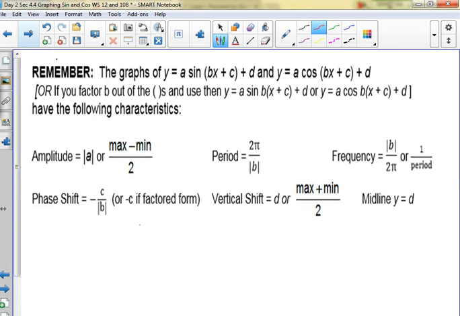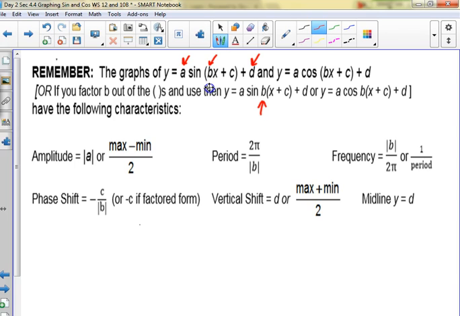All right. So we need to be really comfortable that the A out here is the amplitude, that the B is whatever's multiplied either inside or outside the parentheses. Okay? And the vertical shift is D, which is added or subtracted onto either the front or the back, as long as it's being added or subtracted.